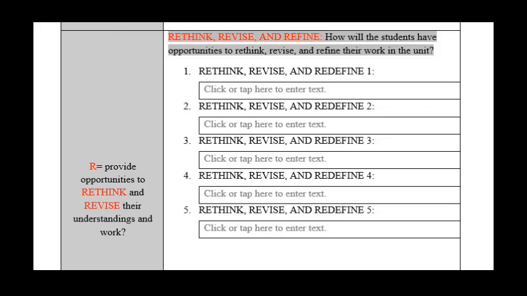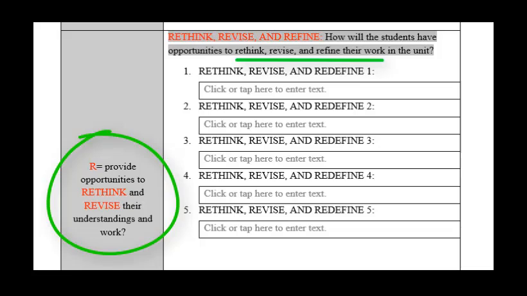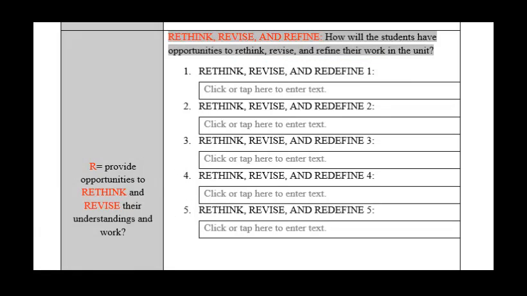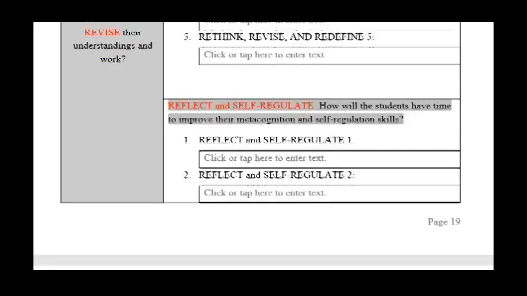Throughout your lesson, you'll want students to have opportunities to rethink the information, revise their work and thought processes, and refine their work in the unit. This can come from a multitude of opportunities, and you'll determine this for your lesson.